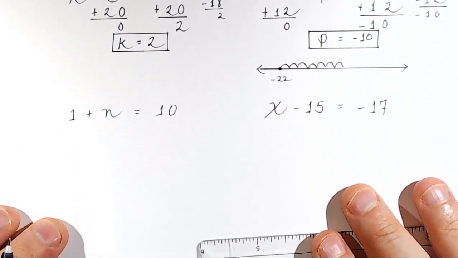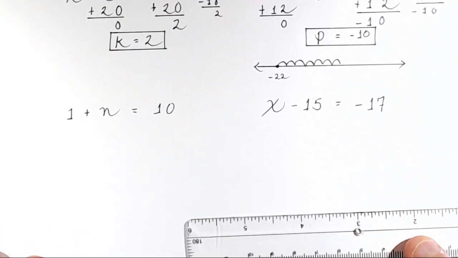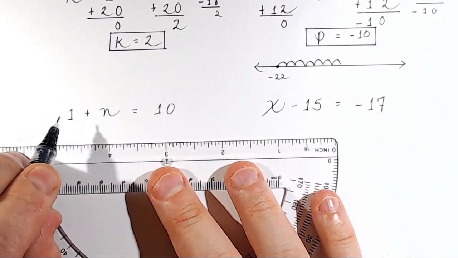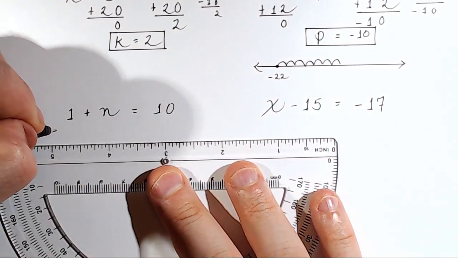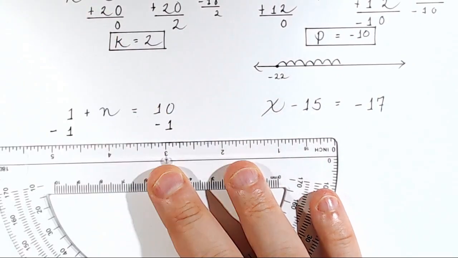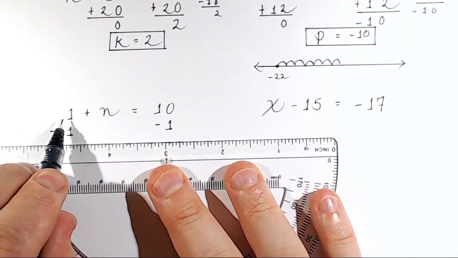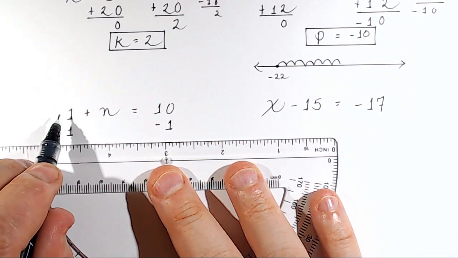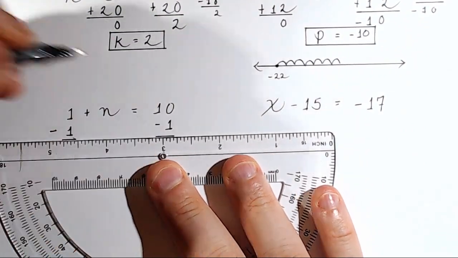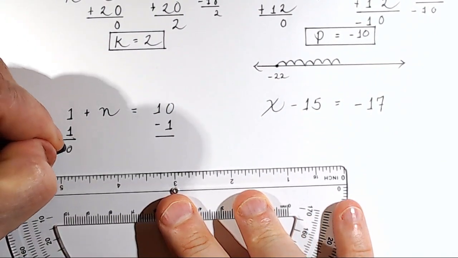Okay, next two problems, we'll finish this up. I'm going to do these relatively quickly because at this point, we should be getting the hang of it now. I have 1 plus n equals 10, minus 1 on both sides. Okay, because 1 is positive. Notice, remember, I said if it's the leading number, it won't have a symbol, but we can assume it's positive. All right, draw lines. 1 minus 1 is 0.